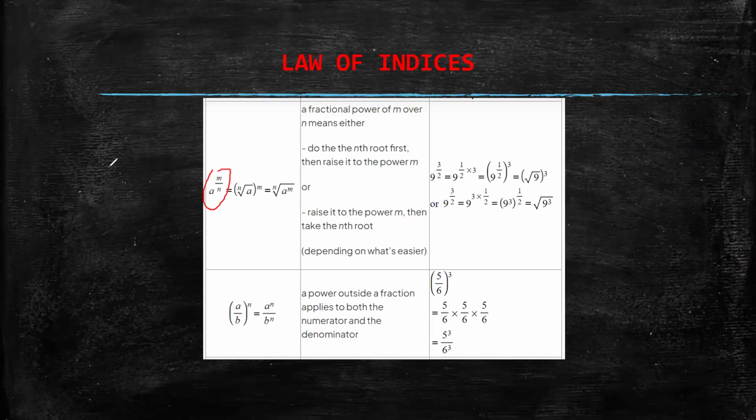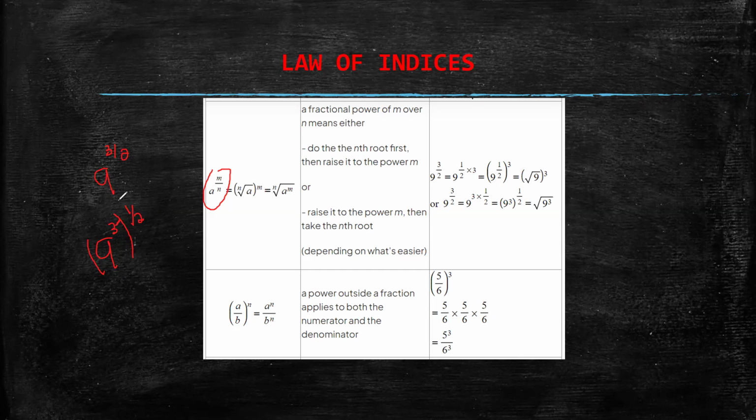For example, if I have a question, 9 raised to the power 3 upon 2, and I have to simplify that expression, how can I simplify it? There are a lot of things I can do in this question, but I will convert this number into a root. How can I do that? It's simple: 9 raised to the power 3 times 1 upon 2. When I multiply this, it becomes 3 upon 2 again.